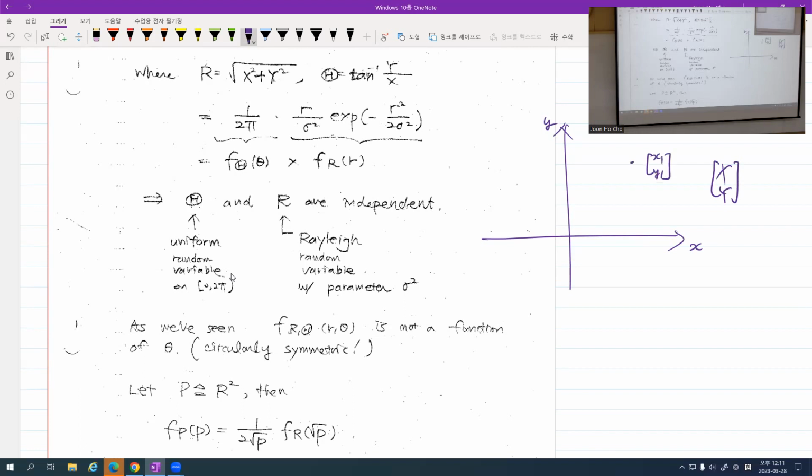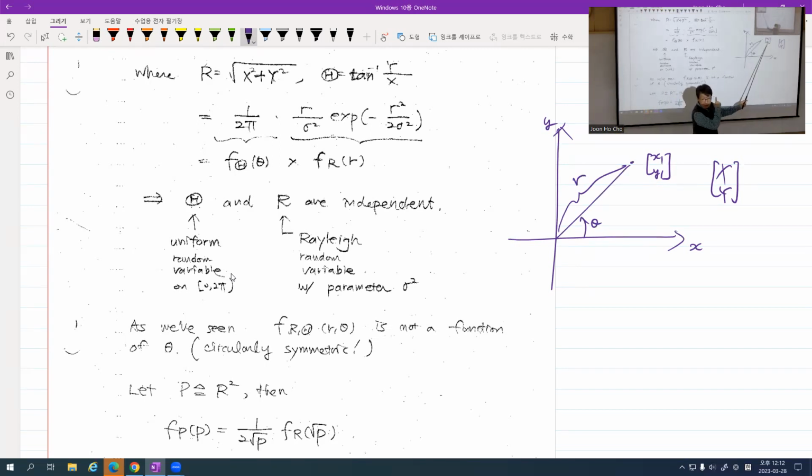As I told you, if you draw a line from the origin, this is theta and this is R. For that, you can generate two IID Gaussians to find this one and that one, or this formula means you can generate an independent uniform theta, which can be 0 to pi. So you choose the angle first, and you generate the distance R using a Rayleigh random number generator. Then you have a Gaussian distribution, 2D Gaussian.